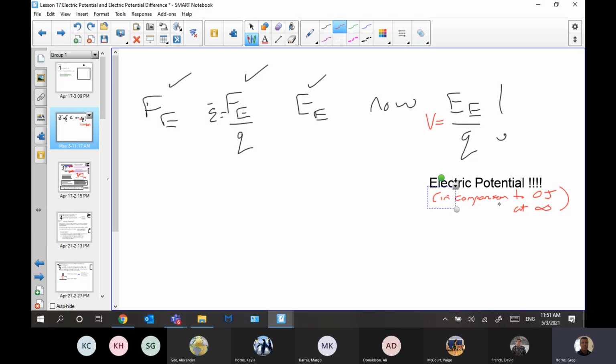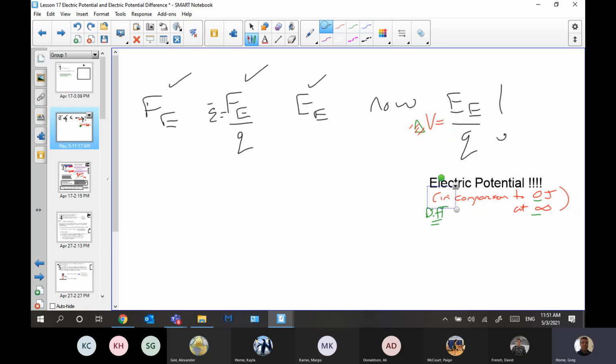But technically, because it's in comparison to 0, it is still, let's point out, a difference in comparison to 0 to infinity. So technically we can put a delta there, right? Like sort of, and if we know what we're talking about, but we're going to just call that V.